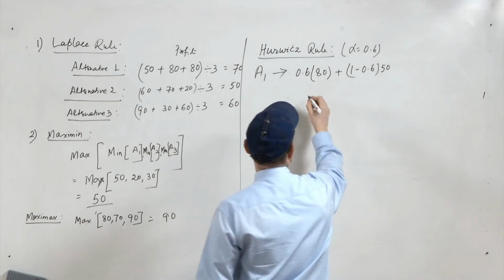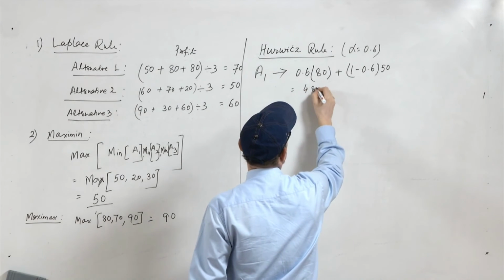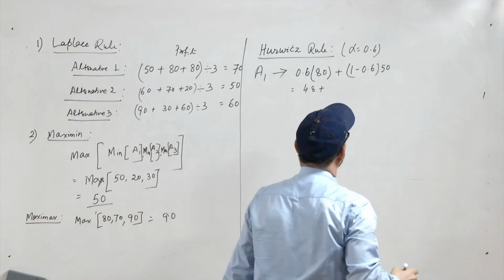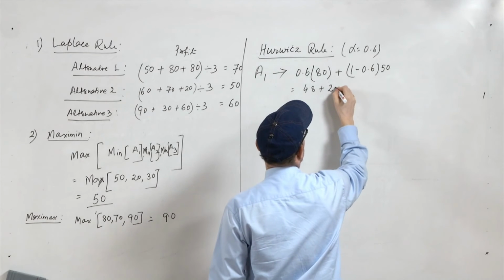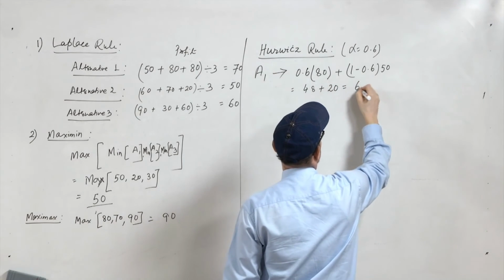So, it will be 48 plus 0.4 into 50, that is 20, it will be 68.